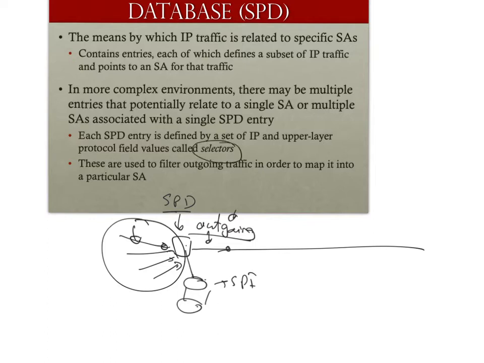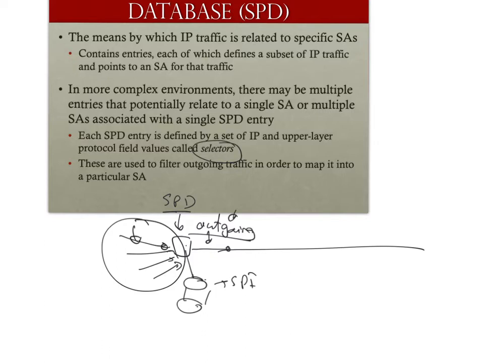The selectors are a set of criteria, and each criterion may have a combination of multiple fields. That is, all the traffic coming from this IP address will go through the tunnel, but all the traffic coming from another IP address will bypass the tunnel. That is my choice. So we call these selectors, and we'll see how this looks.